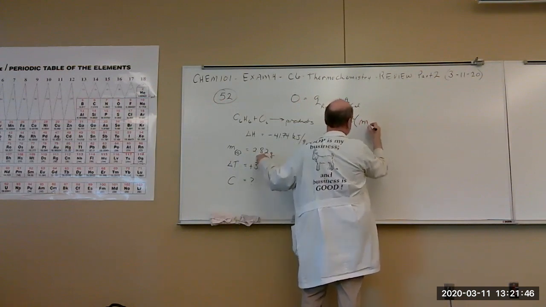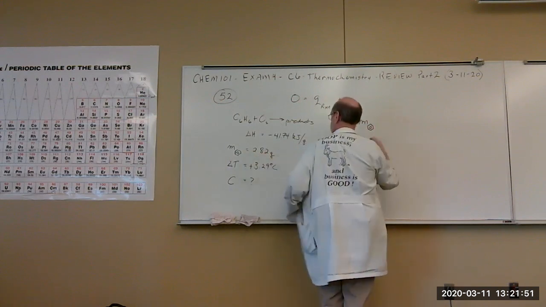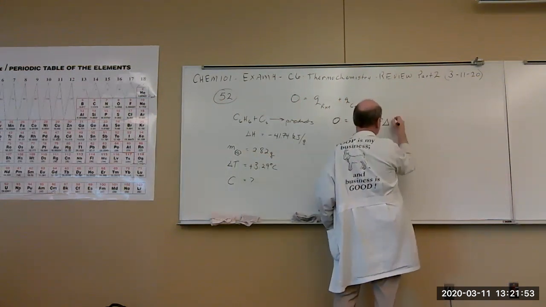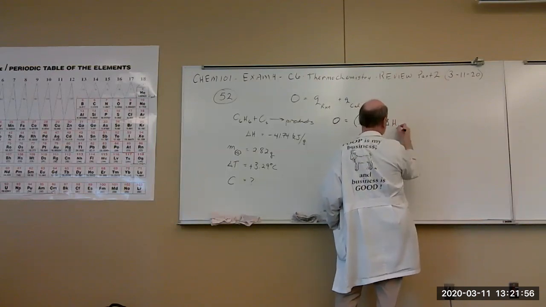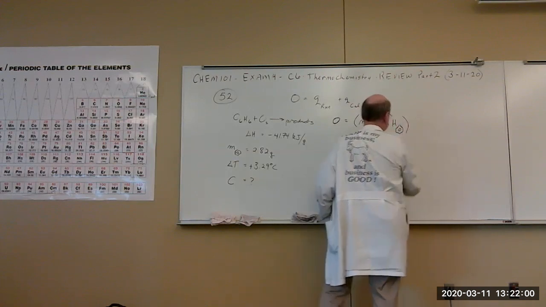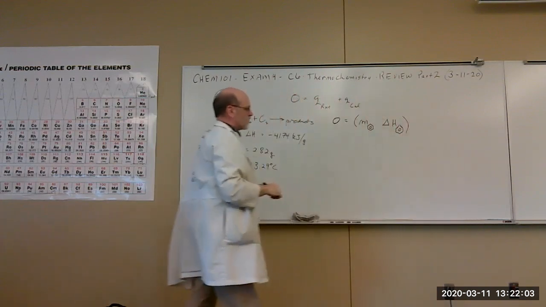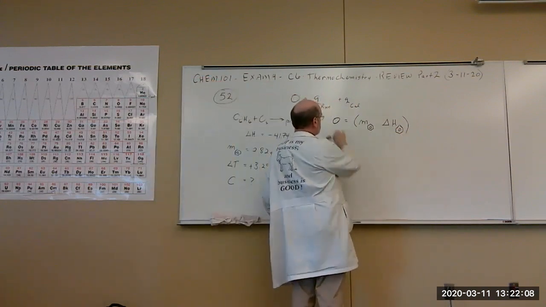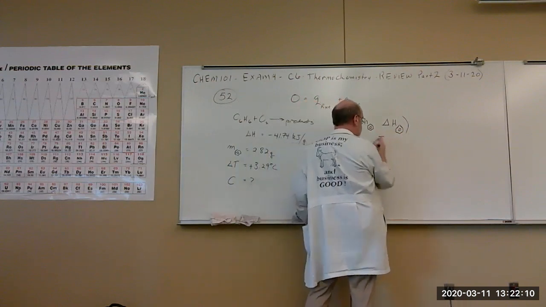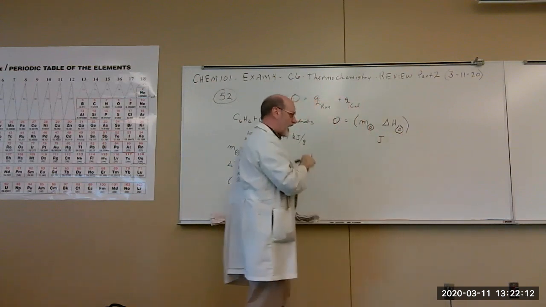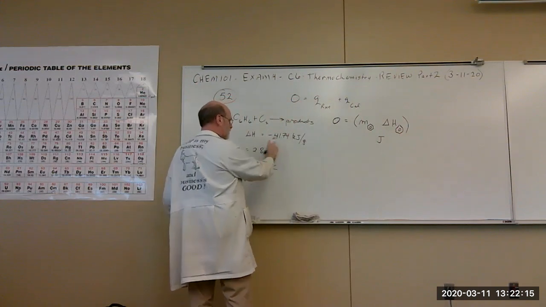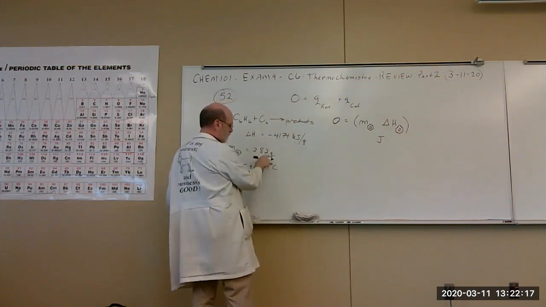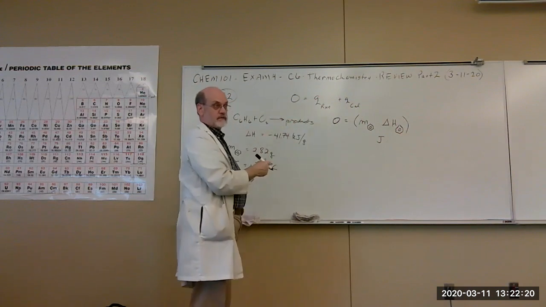The mass of our benzene times the delta H of our benzene combustion, actually. So the curveball that they're throwing at you here is you just need to recognize that Q of the reaction needs to be in joules. So how do you get joules? Well, you're given this value and you're given that value. So if you multiply this one times that one, you get kilojoules.